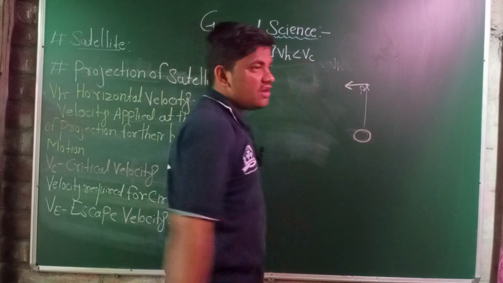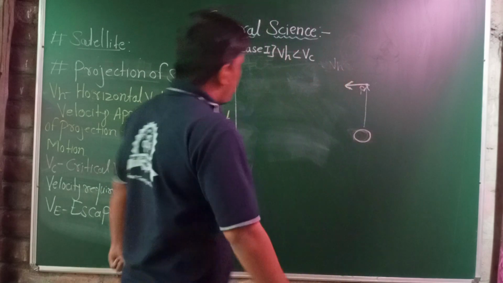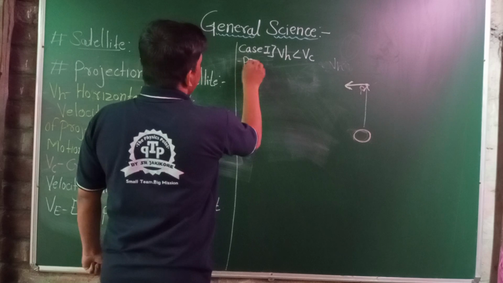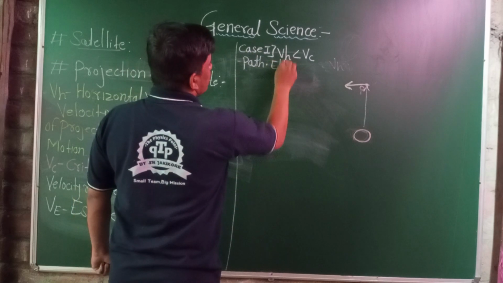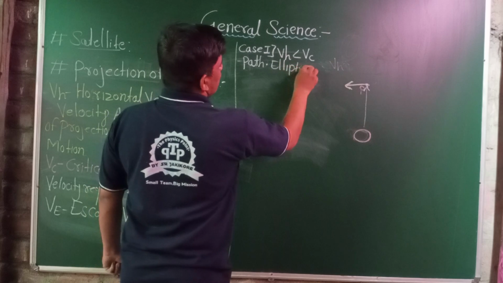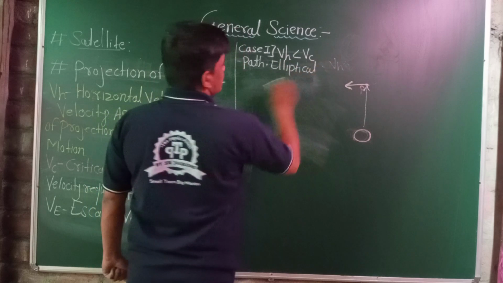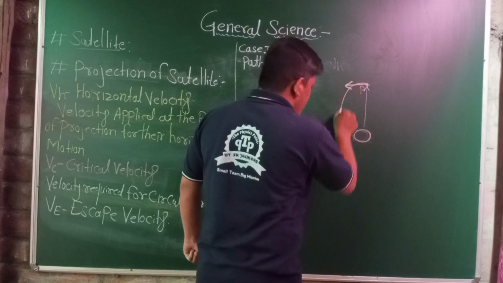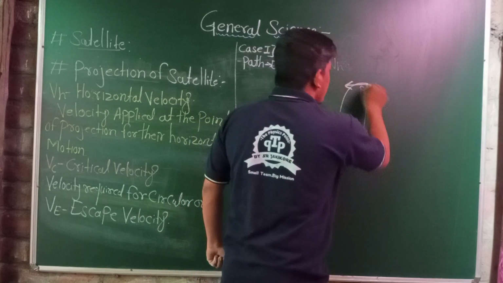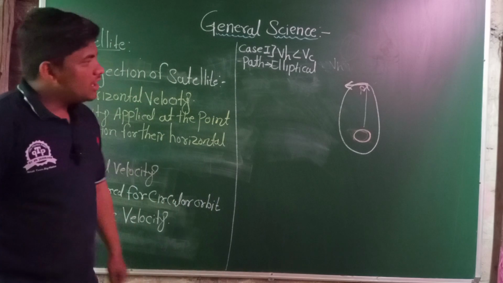If Vh is less than Vc, then the path of the rocket is an elliptical path.